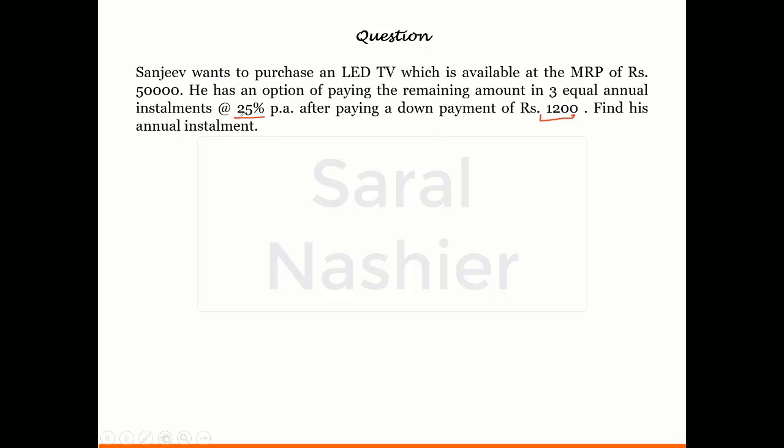The rate is given to us as 25% per annum. So he'll be giving I rupees at the end of first year, I rupees at the end of second year, and I rupees at the end of third year. And as we discussed before, we have to find their present values. The present value of this I rupees is I upon 1.25, for this I is I upon 1.25 squared, and for this I is I upon 1.25 cube.